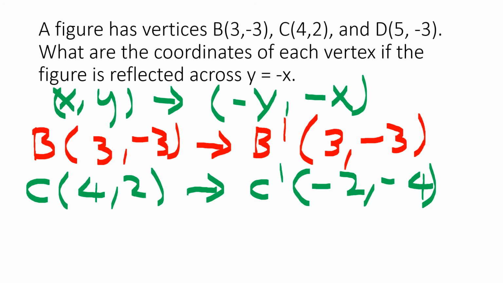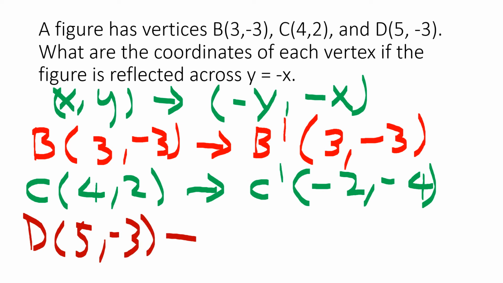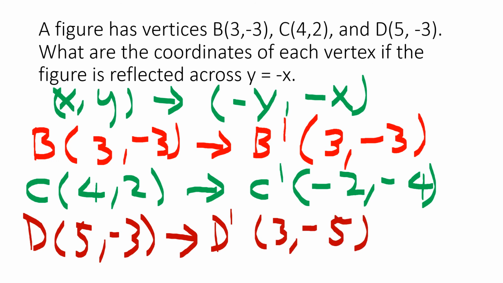Then we have D (5, -3), D prime is (3, -5). X and y switch and the sign changes.